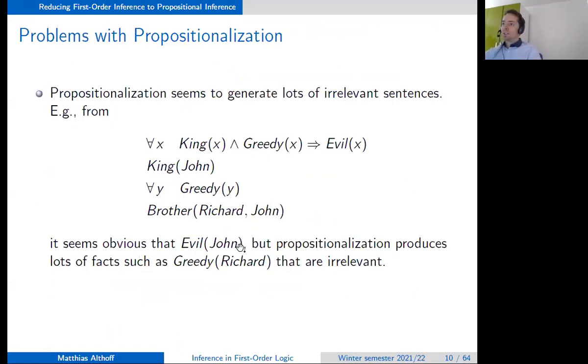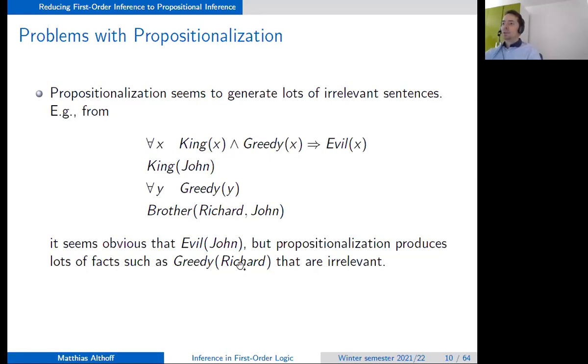If you want to show that John is evil, it's quite obvious that this is the case, because we could replace X with John. We need then that John is a king, which is already stated here, and everything is anyways greedy, which is stated here, and that's why we can infer that John is evil.